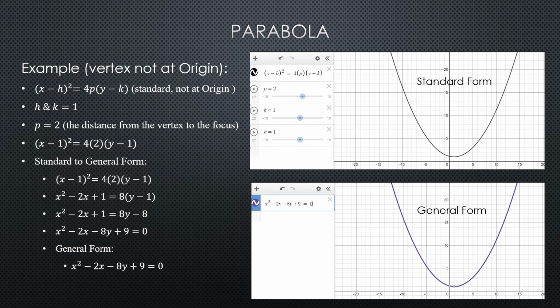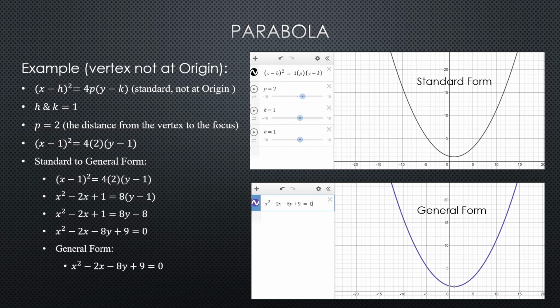Okay, and in this slide we're showing basically the difference between standard form and general form. If I take my equation that I just derived, built in standard form, which was represented by this top parabola, you can see the equation off to the left in Desmos, with the p and the k and the h all set to the numbers that we had.